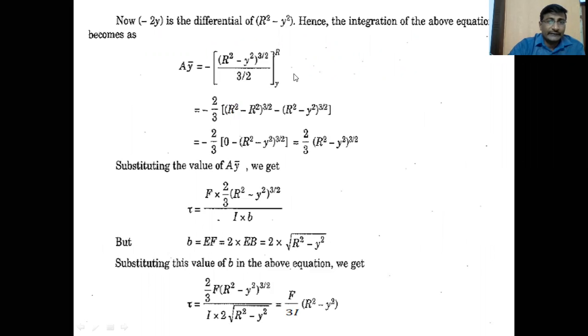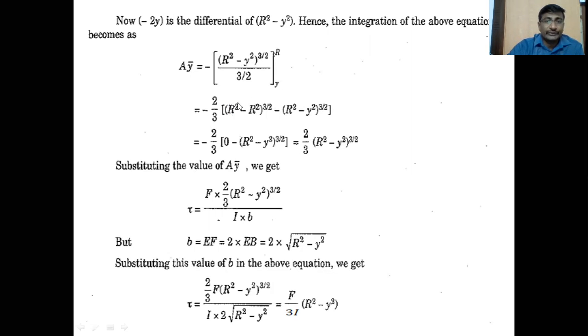It is a mathematical equation. The limits are y to r. It becomes minus 2 by 3 when we write it in the numerator. When we substitute r at the upper limit, we get r square minus r square whole power 3 by 2 minus r square minus y square whole power 3 by 2. When we substitute y at the lower limit, the equation becomes r square minus y square whole power 3 by 2 itself.